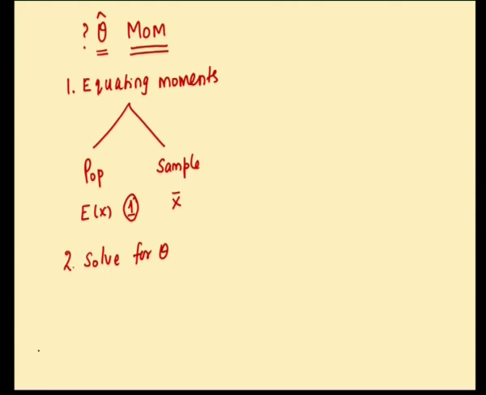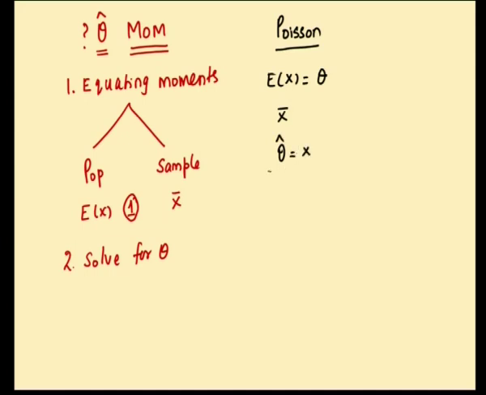Taking our Poisson case once again, because it is easy to understand: we have a Poisson distribution, the population moment E of x is simply θ, and the sample mean is x bar. If the responsibility is to equate them, θ hat equals x bar.